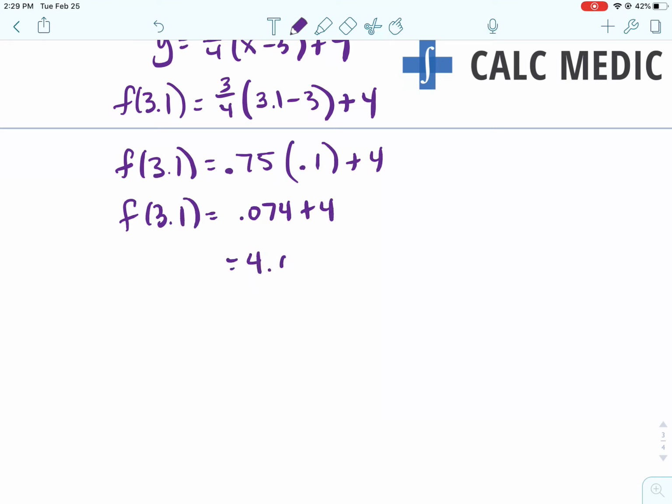Good. And it's super easy to add 4 to that. There it is. That's a good review of some stuff we haven't done in a while, tangent line approximation.